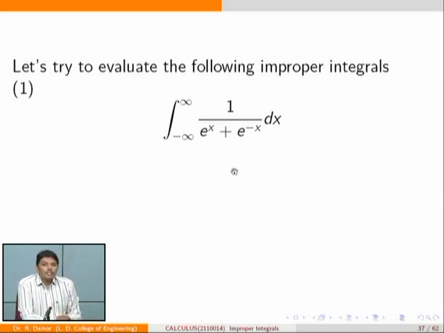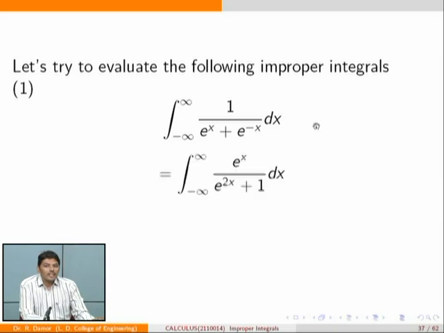Now to evaluate this, how do we proceed? This is from minus infinity to infinity, so it can be written as minus infinity to some fixed limit plus that fixed limit to infinity. First of all, we can simplify it.